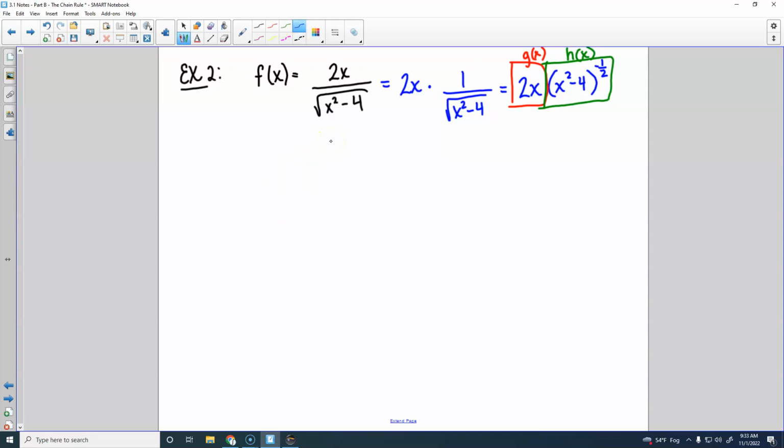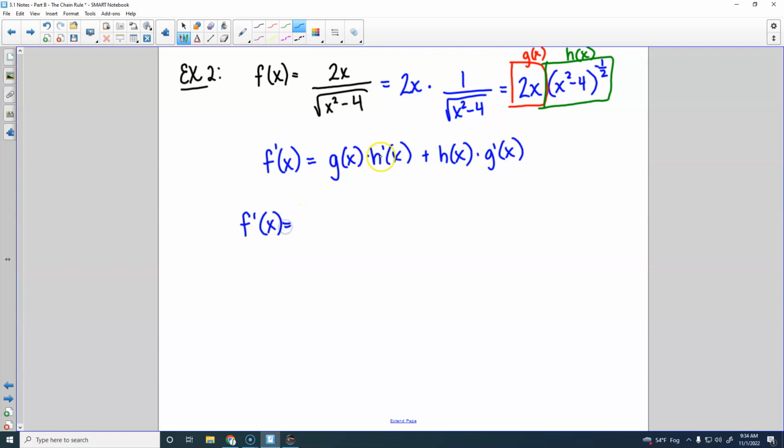You don't have to write this at all. I'm just doing that to try to clarify. So our product rule, there, I'm going to write it down. You don't have to. I'm just reminding you that it's g of x times h prime of x plus h of x times g prime of x.